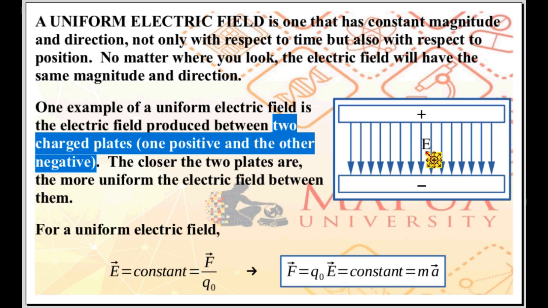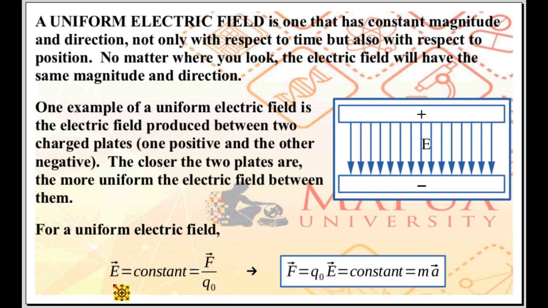Uniform electric field. For a uniform electric field, E is constant and it's still equal to F over q naught. Transferring q naught to the other side, F is equal to q naught E. q naught is constant, the electric field is constant, which means the force that the electric field will apply is also constant.